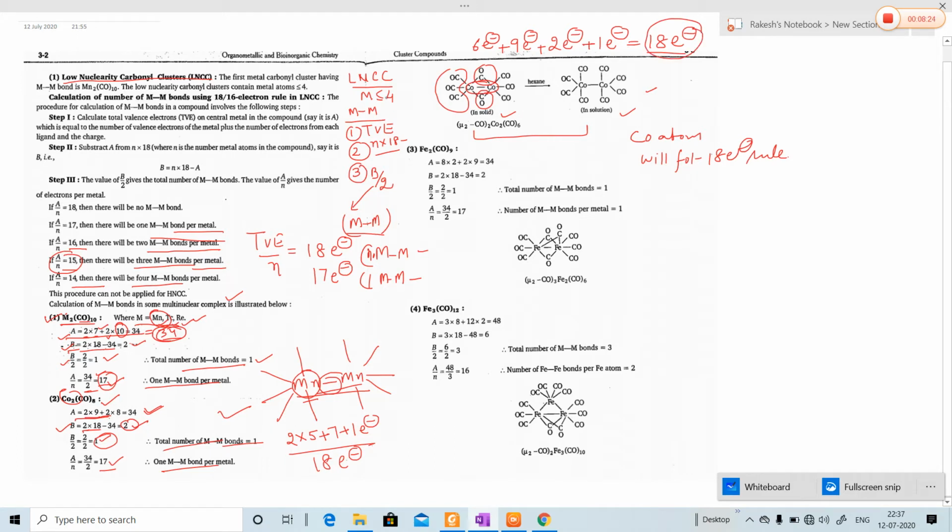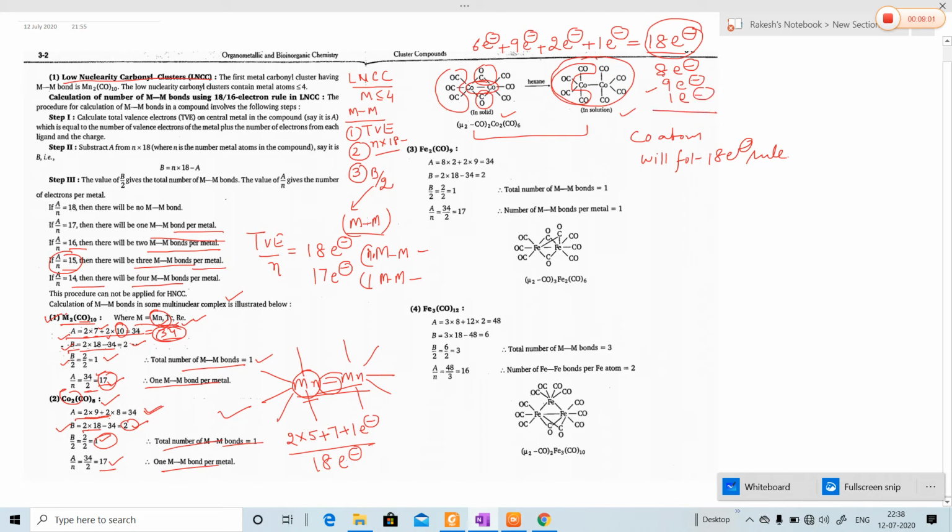for each cobalt atom. Similarly, in the structure of Co2(CO)8 in the solution state, there are 4 carbonyls in the terminal positions that will contribute 8 electrons, and 1 cobalt will have 9 electrons in its valence shell, and there is one single bond between the 2 cobalt atoms, and each cobalt will get 1 electron.